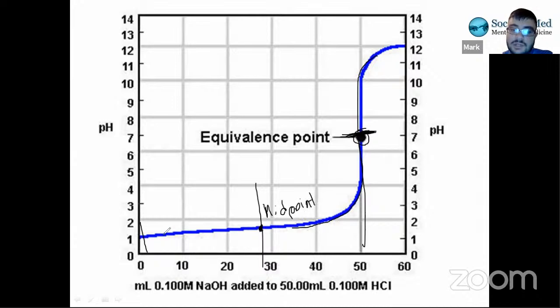It's halfway between the start of the graph and the equivalence point, and the equivalence point I mentioned is halfway up on this vertical spike. So this is the midpoint, this is the equivalence point. The midpoint is also sometimes called the half equivalence point, which makes it easy to remember, but you may see it referred to as the midpoint as well.